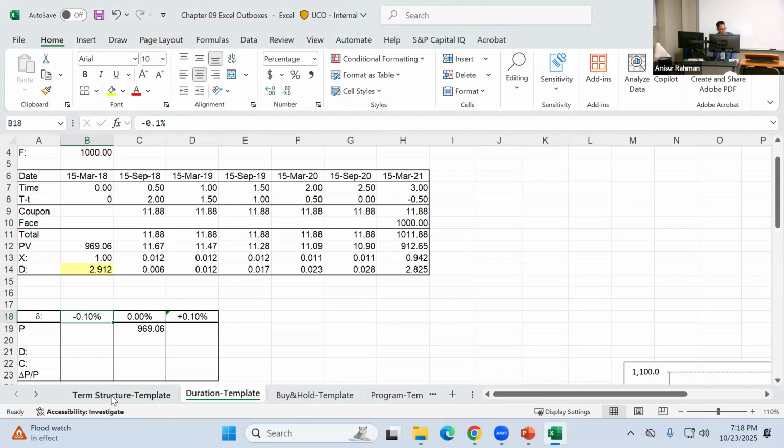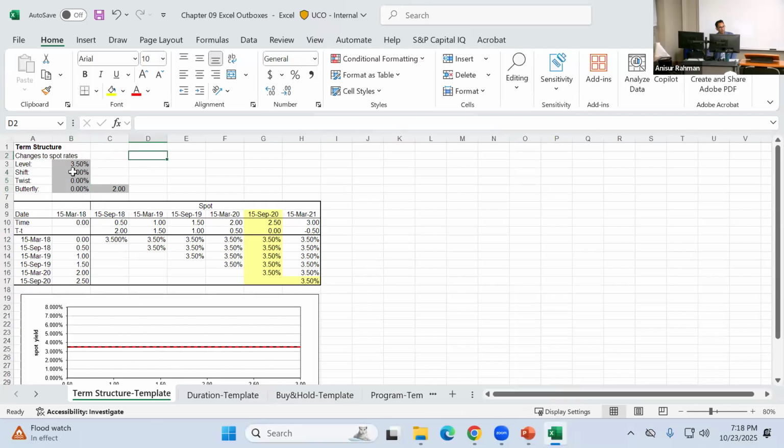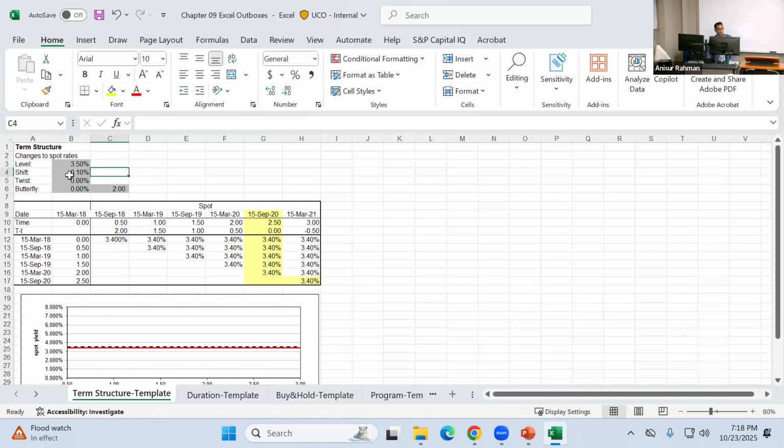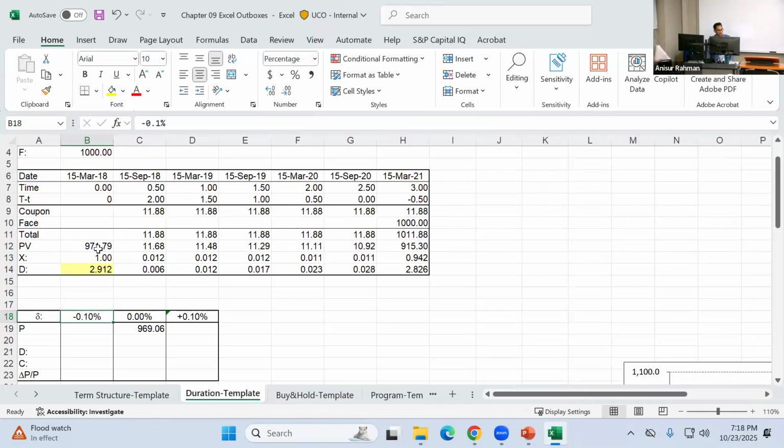I'm going to go to the term structure, and then in the shift, negative 0.10%. So all these will change, right? And then that will also change the bond price. And because yield decreased, bond price increased.